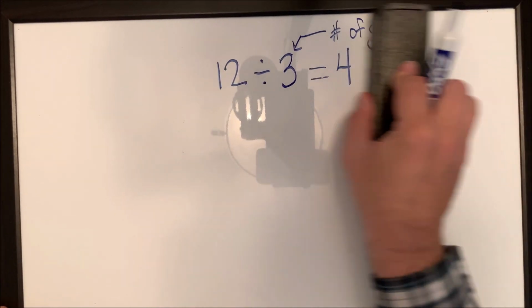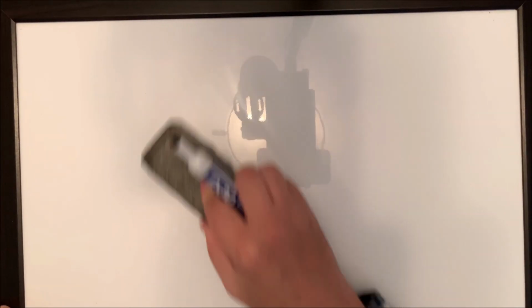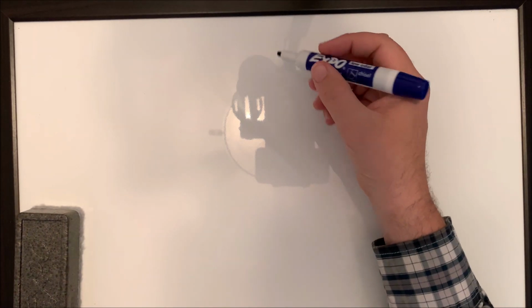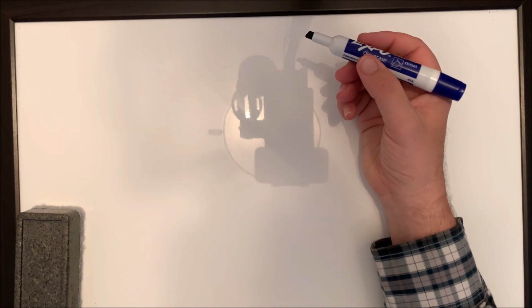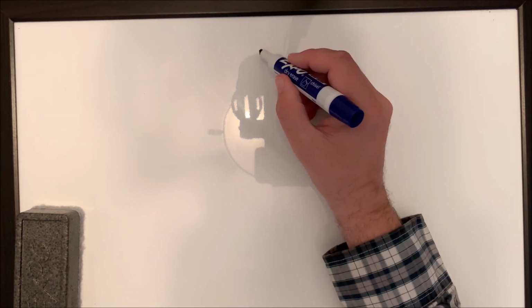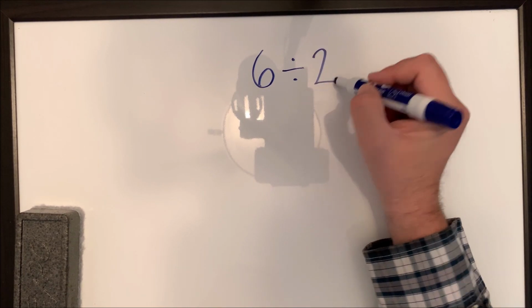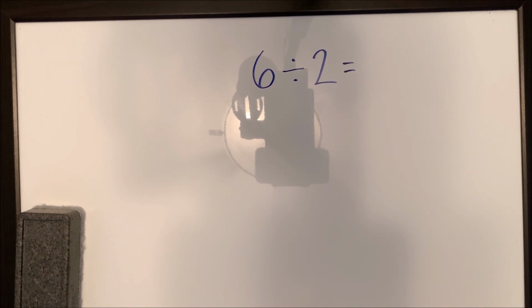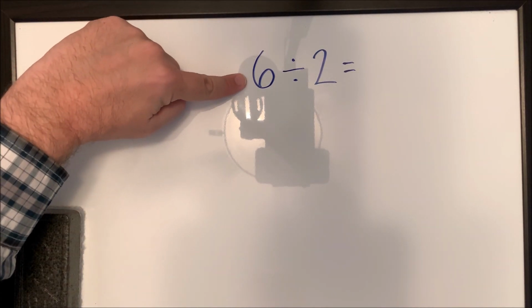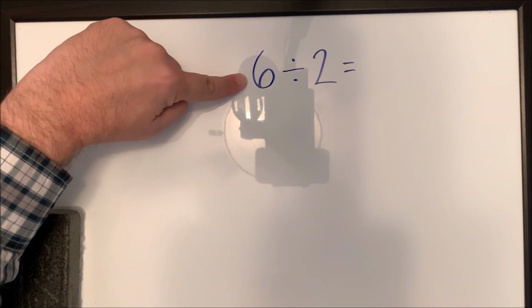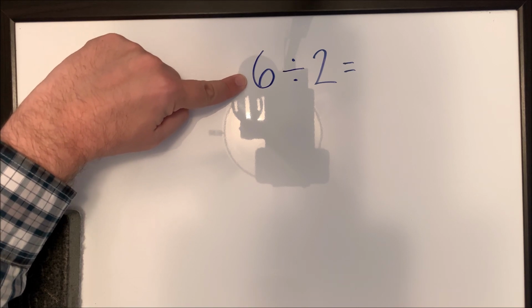Now, if you were to draw that, I'm going to show you a good way of doing it. Let's do 6 divided by 2. Again, the first number is the total number of apples that I have.